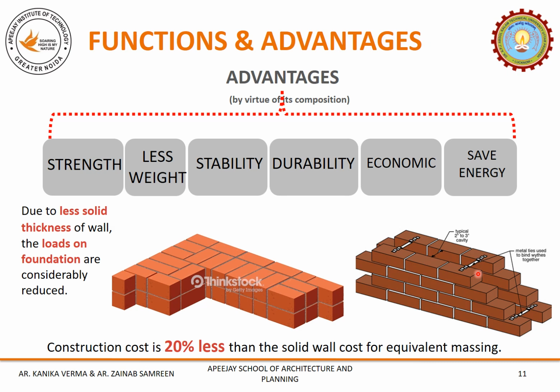But in case of a cavity wall, it is giving you thermal insulation, so the interior of your home is less affected by the exteriors, so you will need less air conditioning, right? And the cavity here acts as a damp barrier, so it reduces the cooling cost of the building as well.